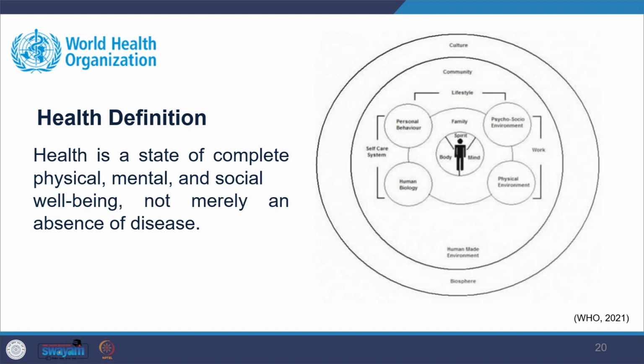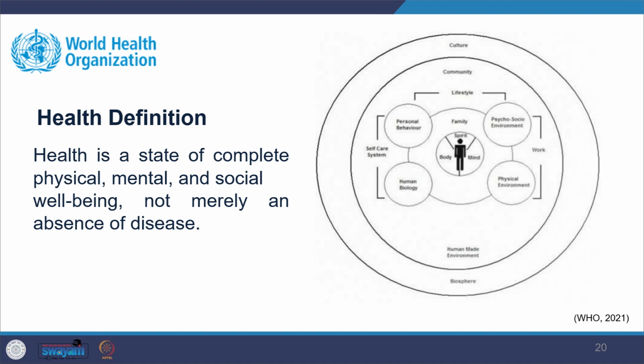What might be considered a problem in one country might not be considered one in other countries, or they may not have similar standards for the same health. And further, health is not just that you're ill or you're sick, but health also has a lot of meaning in terms of physical strength, mental strength, and social well-being. All of this is seen as health.